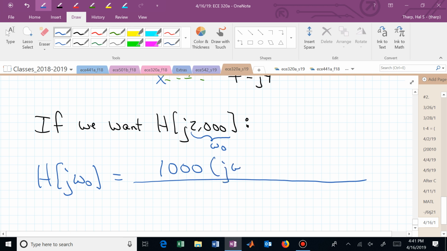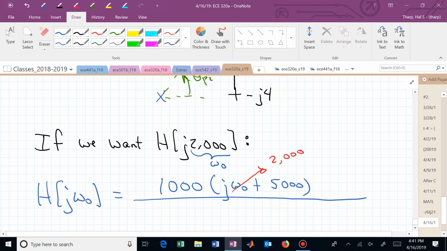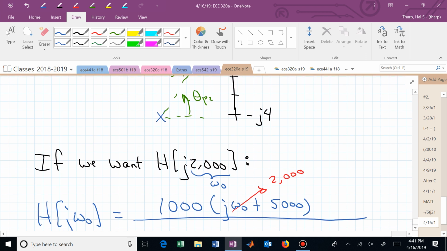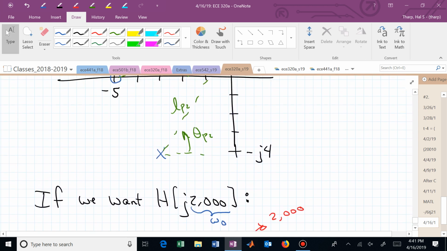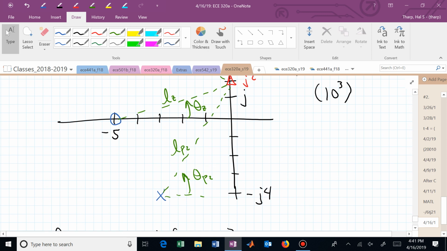But then we had j omega naught plus 5,000, where this is now going to be the 2,000. And do you see that that was exactly what we would have as a complex number if we started at the zero and we walked right 5,000 steps and up to j2000? That gives us the exact location or way of getting from that zero to that triangle in question.